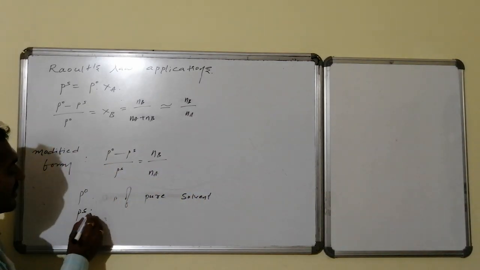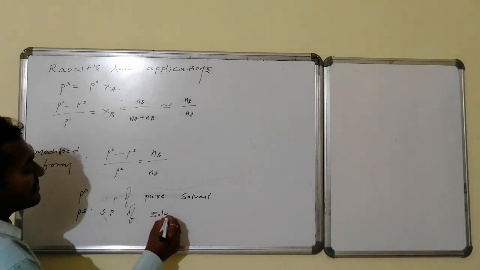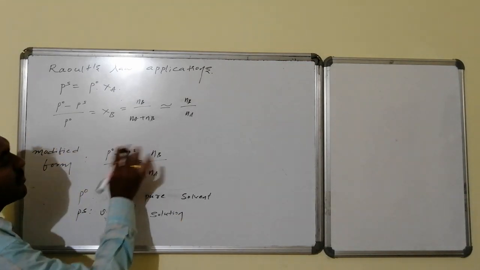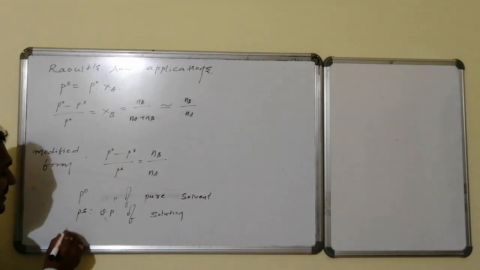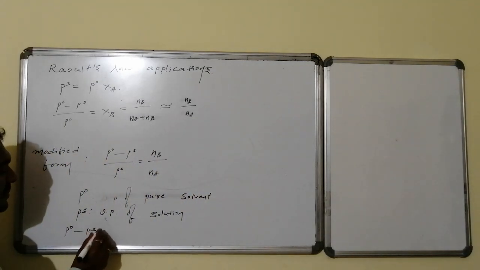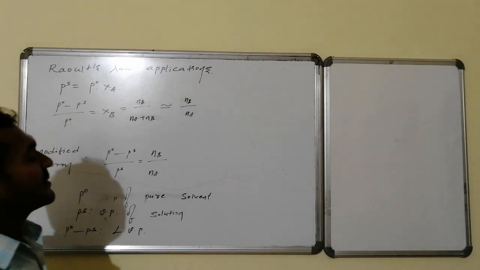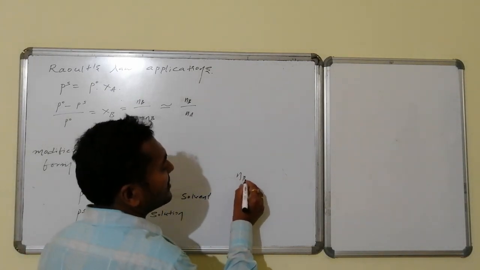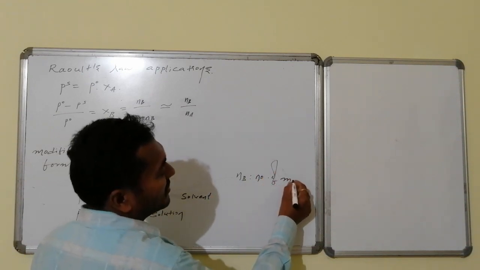They can ask P0 minus Ps, the lowering in vapor pressure of solution. They can ask how many moles Nb there are, that is the number of moles of solute.